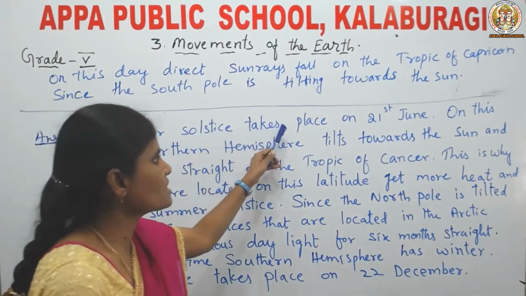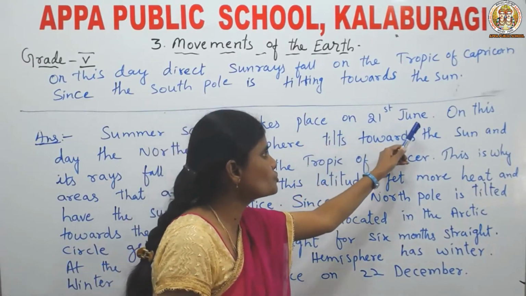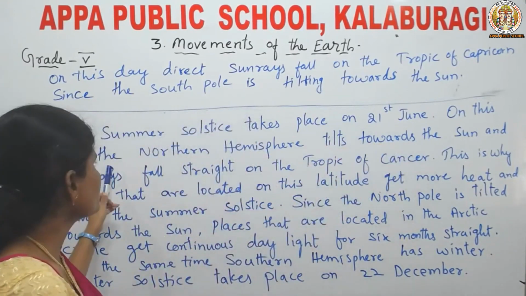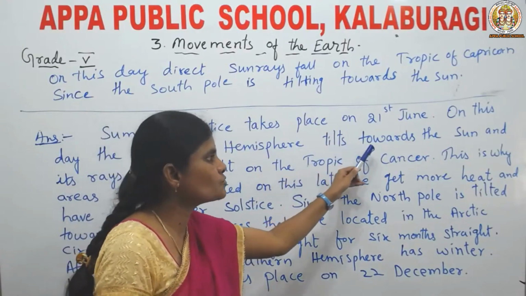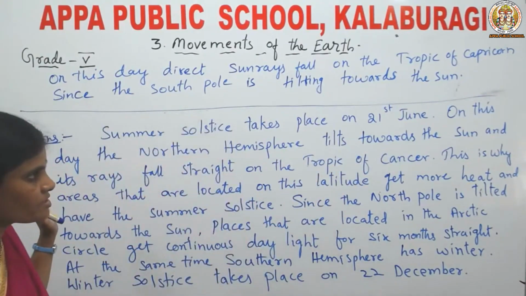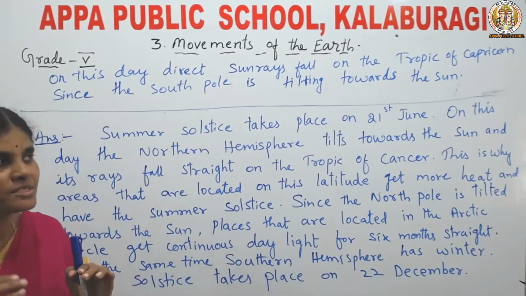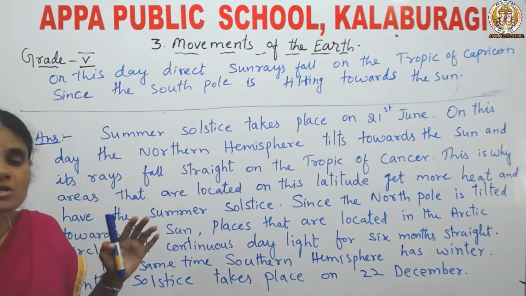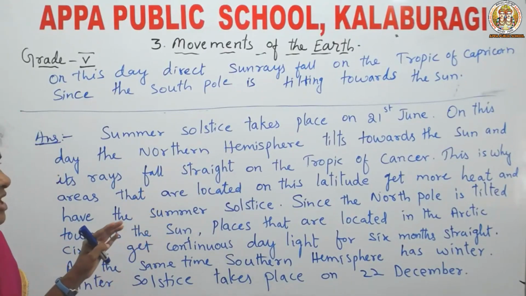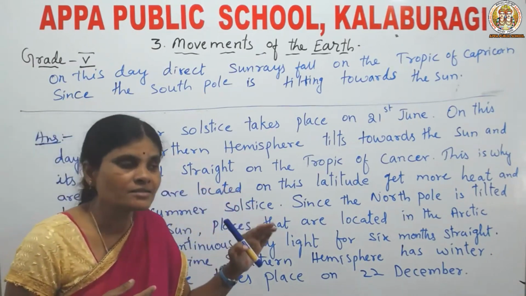Summer solstice takes place on 21st June. On this day, the northern hemisphere tilts towards the sun. Because of that, the Tropic of Cancer receives direct rays of the sun.